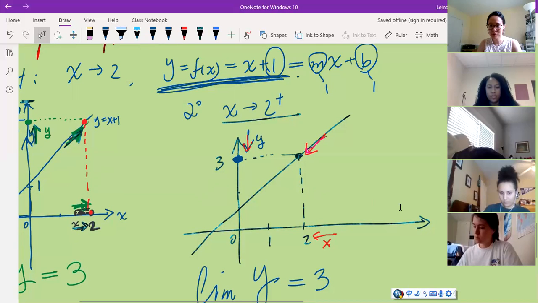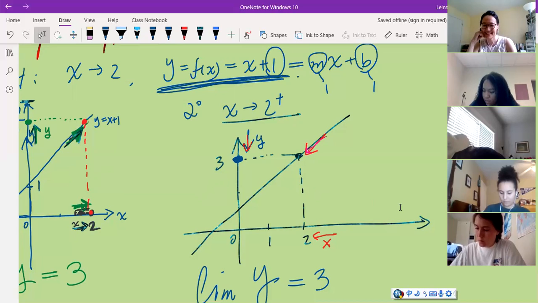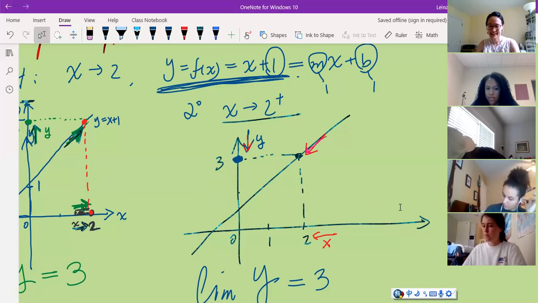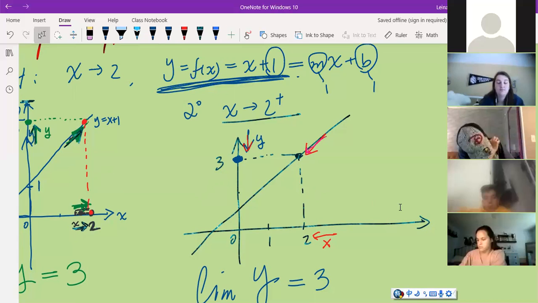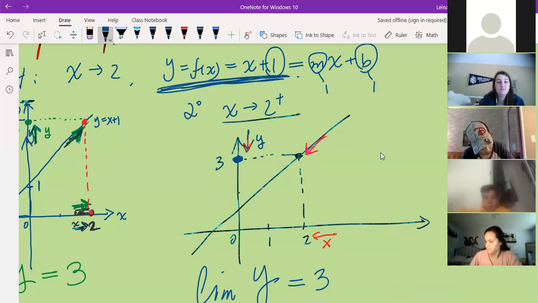Any questions before we move on to exercises? Okay, if you have finished your drawing, then let's go ahead and move on to exercises.